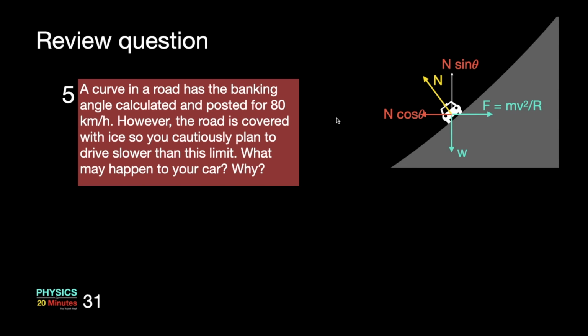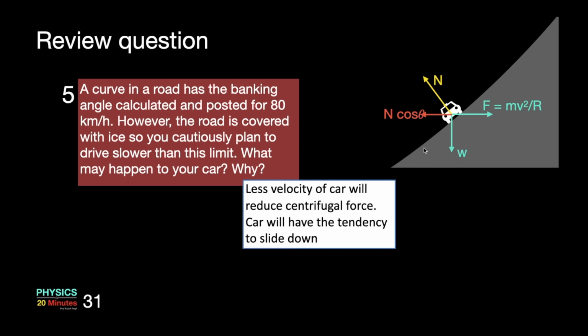Now N cos theta is fixed because theta is fixed for the road. If the v reduces, then centrifugal force will be less, then N cos theta will be more, and N cos theta being larger than mv square by r, the car will start losing its grip on the road and it will start sliding down.